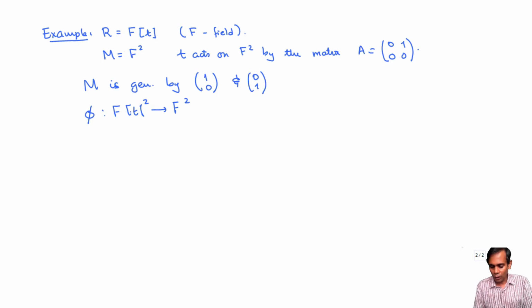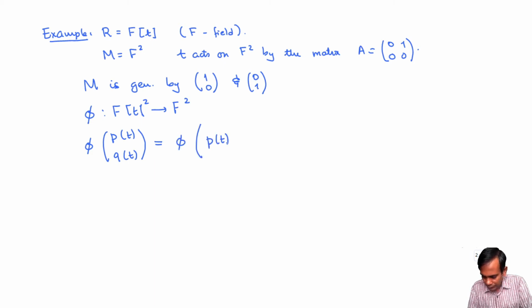So it will take a column vector consisting of two polynomials p(t) and q(t), and it will go to, well, because it's an F[T] module, I can write this as phi of p(t) times the vector (1, 0) plus q(t) times the vector (0, 1).